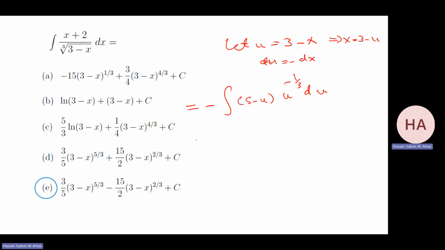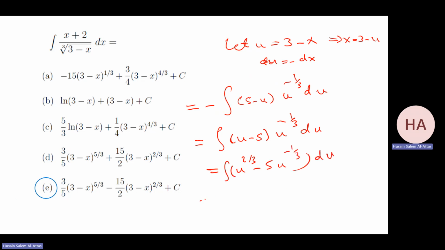That gives me what? Let me make it u minus 5, so u minus 5 times u to the power minus 1 over 3 du. That gives me u to the power 2 over 3 minus 5 u to the power minus 1 over 3 du. Do the integration. I add 1 to 5 over 3, that will be 3 over 5 u to the power 5 over 3.